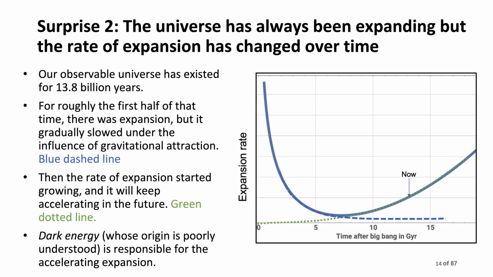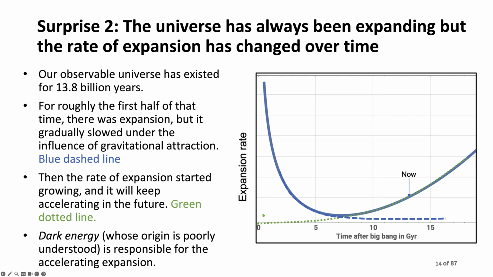But gradually, over time, the gravitational effect in a small universe is dominant. It forces the expansion rate to decrease. So the universe, we now know by looking at galaxies at different ages, had a much larger expansion rate early, and that expansion rate gradually fell.